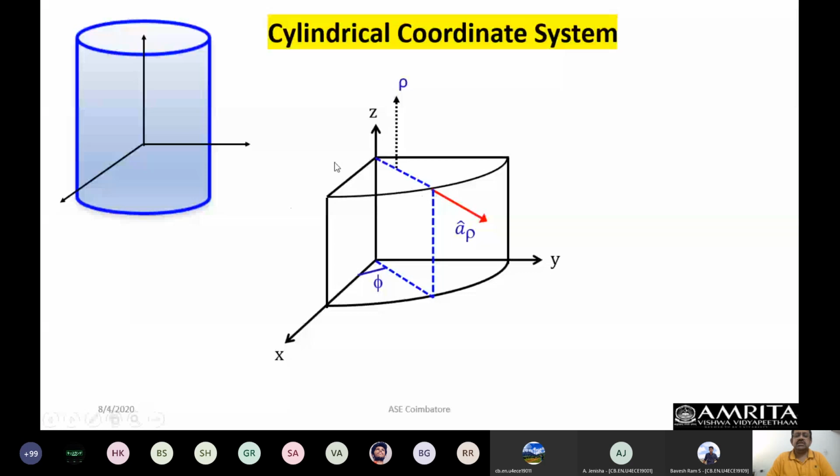This is the height z. So the radius, the angle phi, and then I can define this point P as rho, phi, and z. z is the height at which this point is located with respect to the z-axis. So where are the directions of the unit vectors? The unit vectors are going to be along this direction.